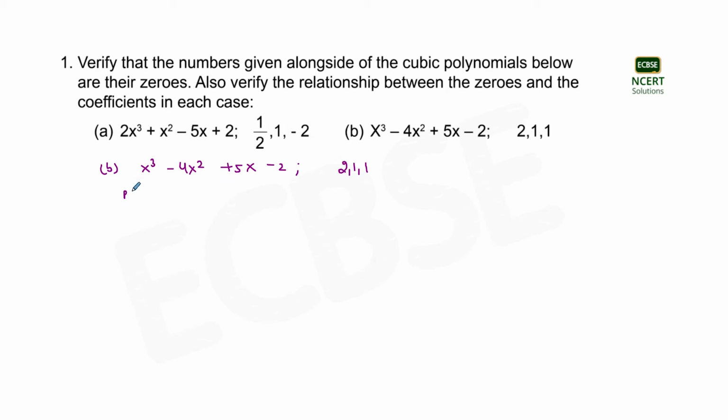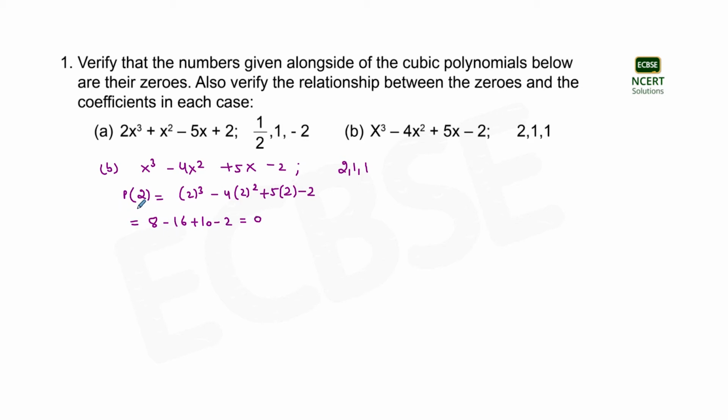So substituting the first number, that is 2, in the polynomial, we will obtain 2 cube minus 4 into 2 square plus 5 into 2 minus 2, or we can write it as 8 minus 16 plus 10 minus 2, which comes out to be equal to 0.